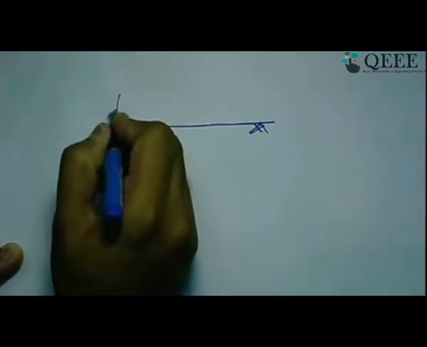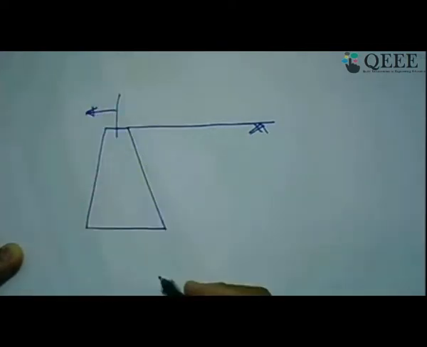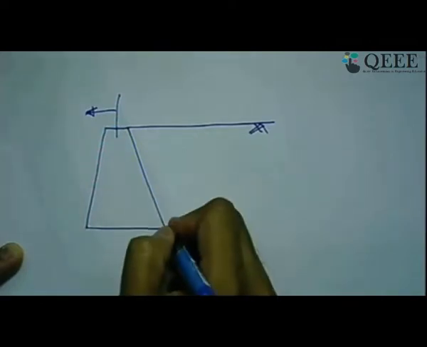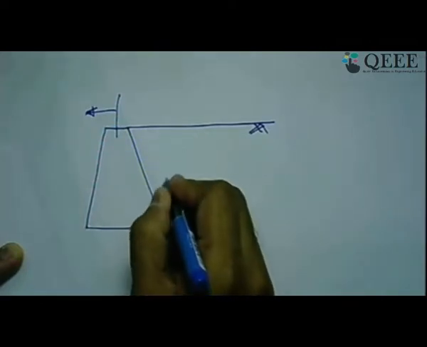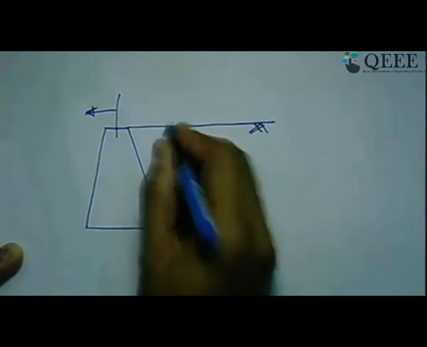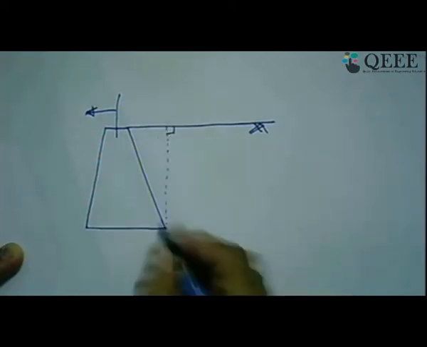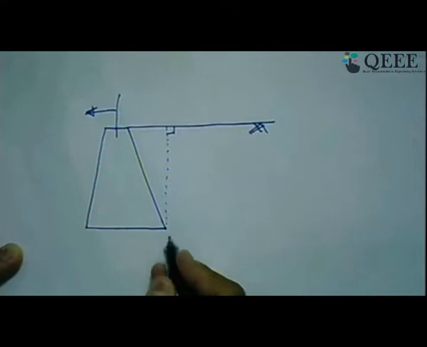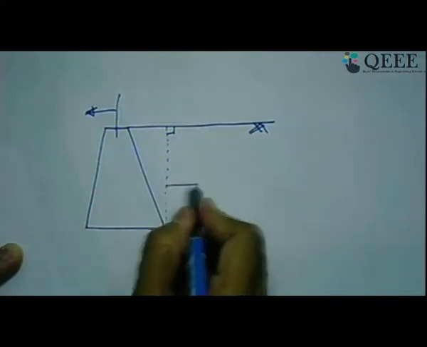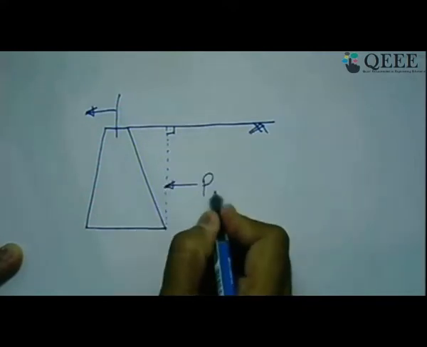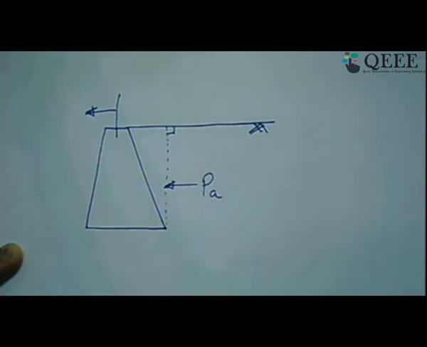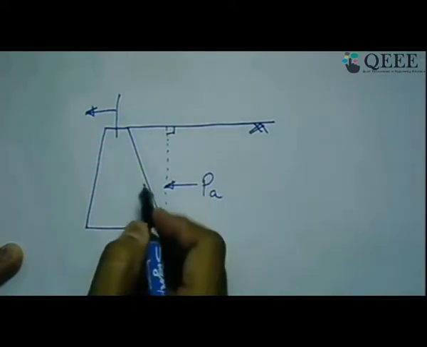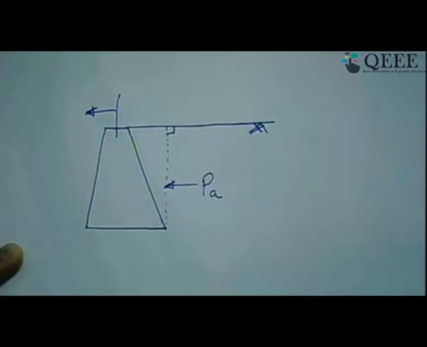Suppose I am considering the active state. Now Rankine theory says that you can compute the earth pressure only on a vertical plane. So draw an imaginary vertical plane from this point and find out what is your active earth pressure from Rankine theory from this side, and then how you will get the design earth pressure on this inclined wall.